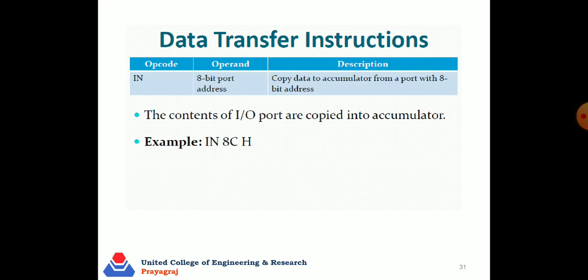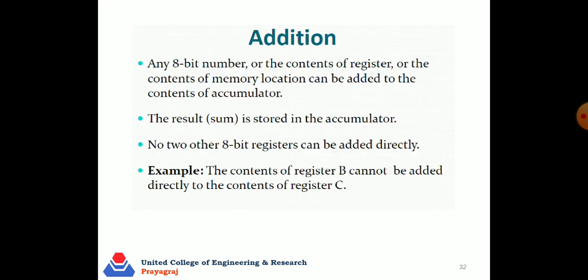The content of the given port is copied to the accumulator. Like if we are using IN 8C, whatever the content is in 8C is copied to the accumulator. So that is the IN and OUT instruction, and that is all about the data transfer instructions.